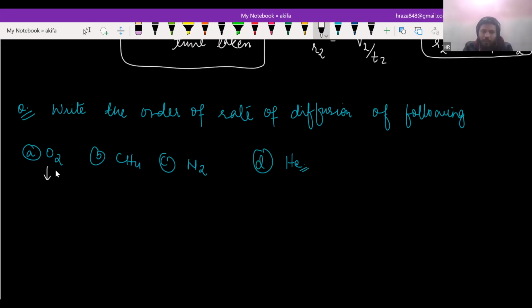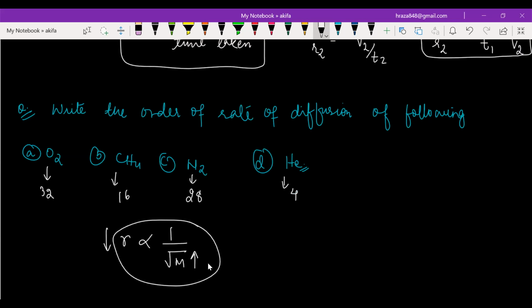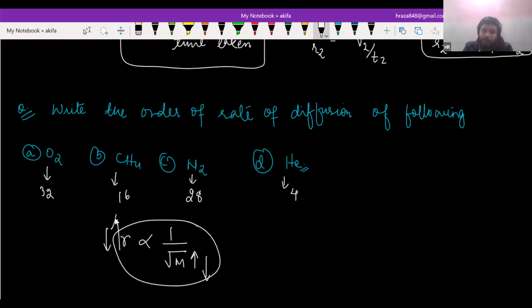What is the mass of O2? That is 32. What is the mass of CH4? That is 16. N2 is 28. And the mass of He is 4. Now we already know that rate is inversely proportional to under root of molar mass. So if molar mass increases, rate of diffusion decreases, right? And if molar mass has a lower value, rate of diffusion is higher.